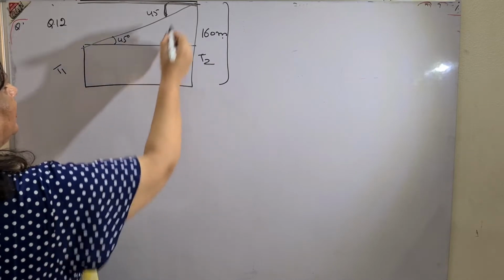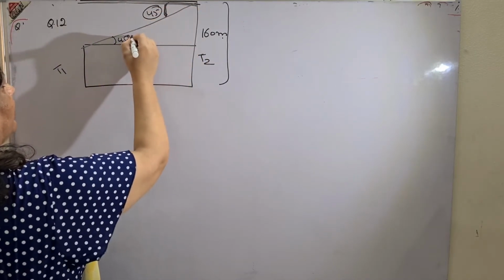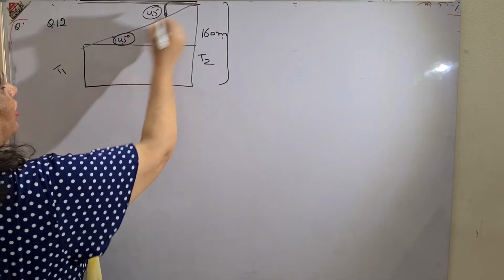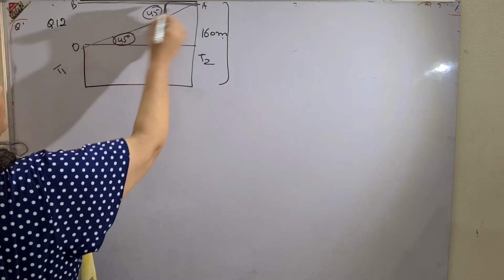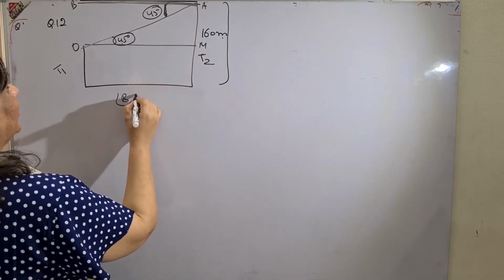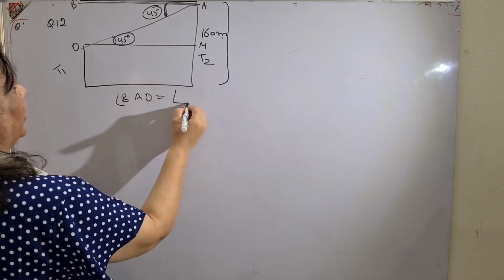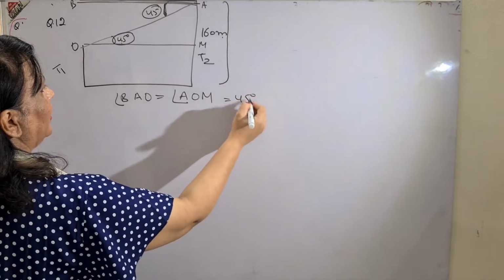Very simple, children. You find out from here. If this is 45, this angle is 45. Understood this? This angle will also be 45. Why? Angle BAO is 45. So OAM is also 45. Alternate angles. Angle of depression is equal to angle of elevation, 45 degree.